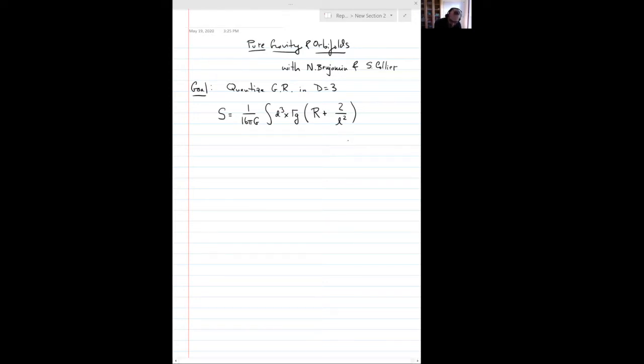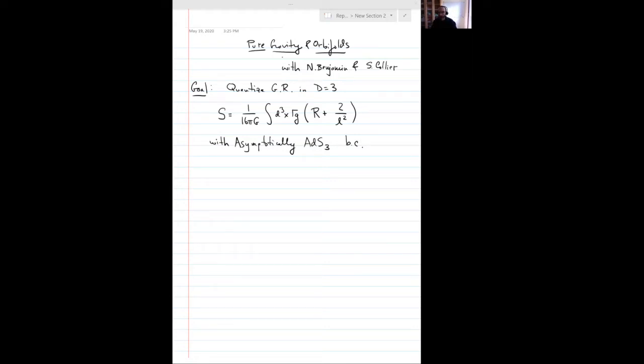And the prescription that I'm going to choose is that the geometry looks like anti-de Sitter space at infinity, but it is allowed to fluctuate in the interior. So I won't tell you exactly precisely how I define this asymptotically AdS boundary condition. It has to do with exactly how I prescribe the fall off in the metric at large distances. But basically it means that I'm studying the theory with asymptotically AdS boundary conditions.